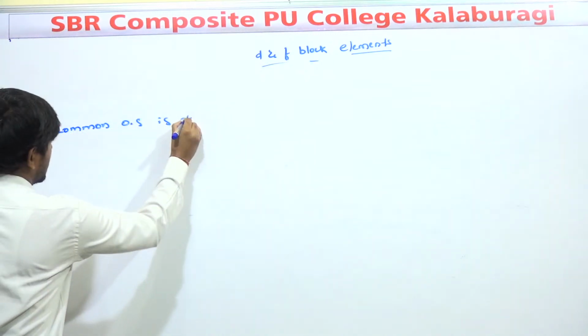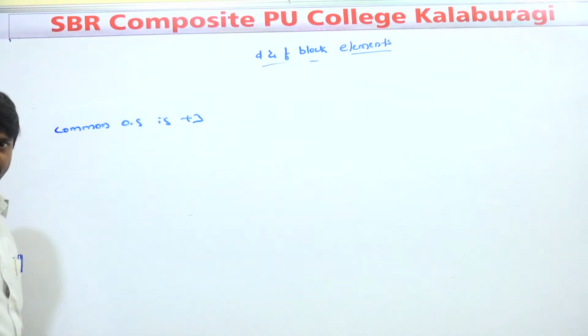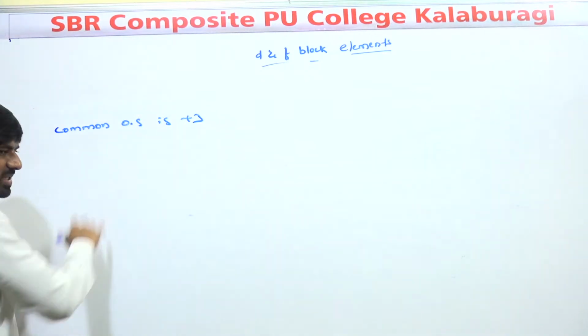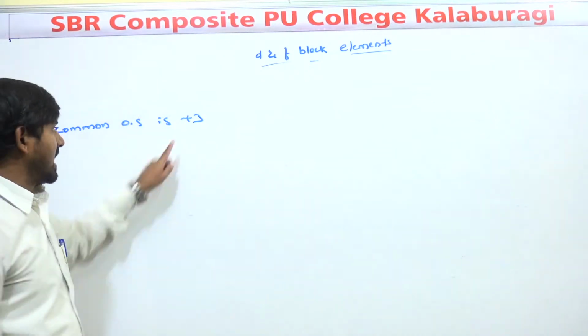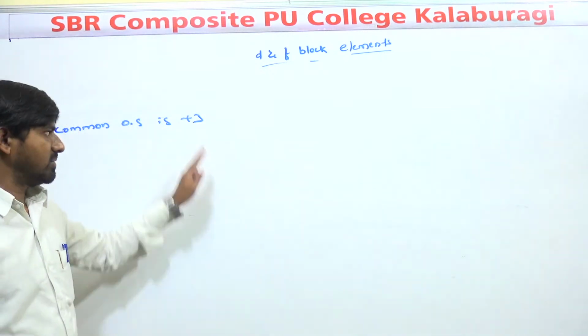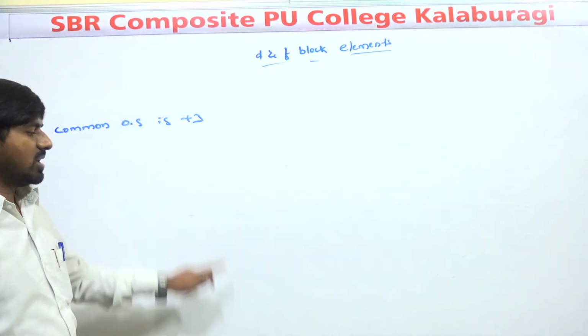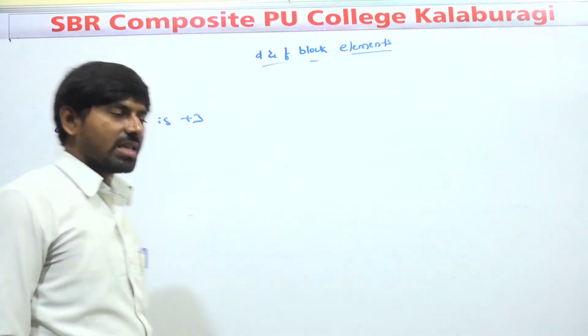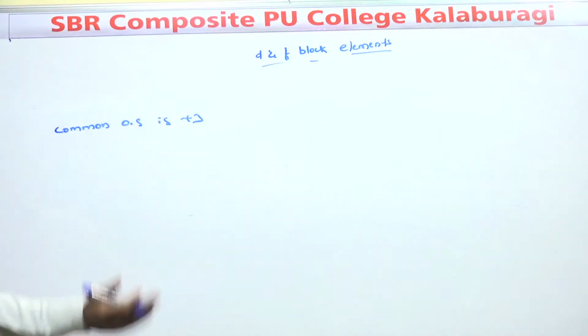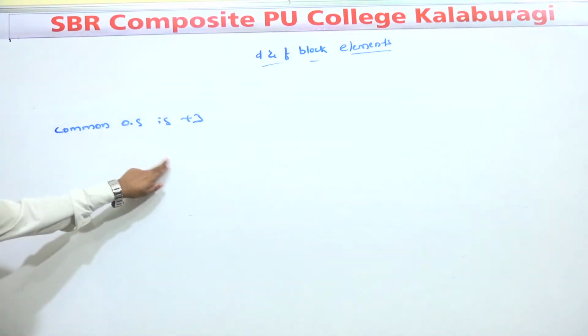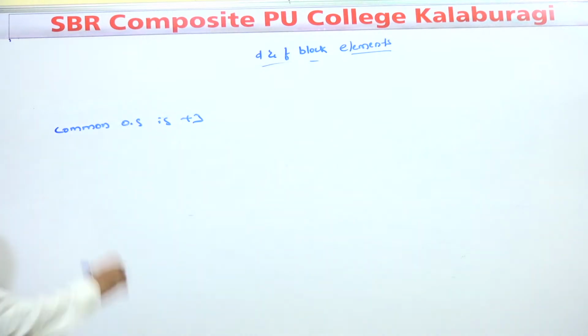All the elements present in this series will have this oxidation state, right from lanthanum up to lutetium, that is from atomic number 57 to 71.